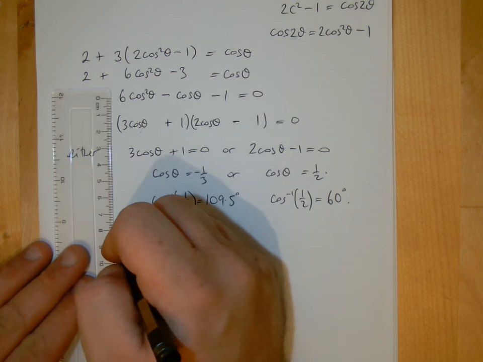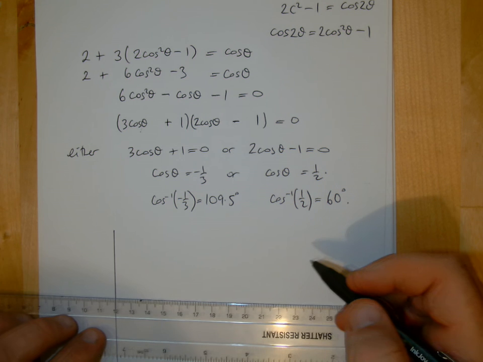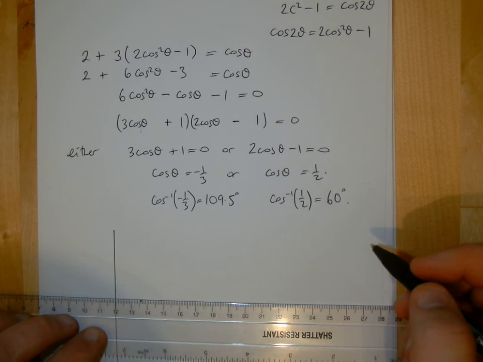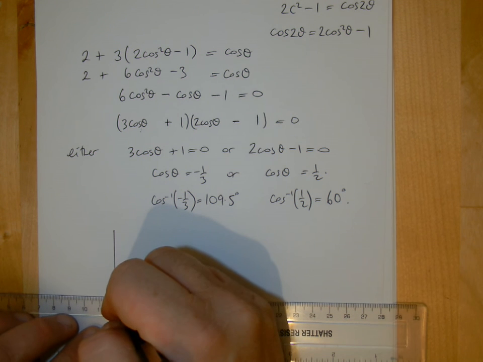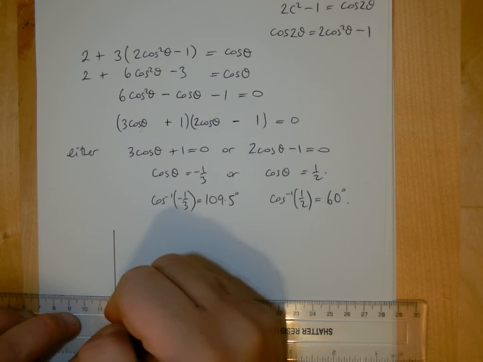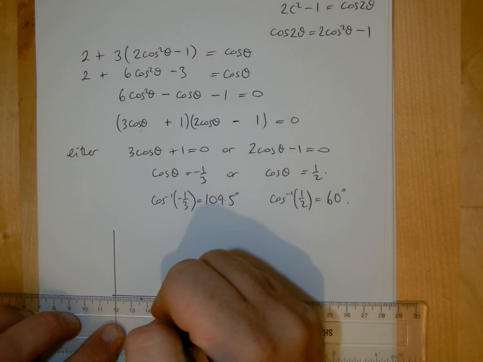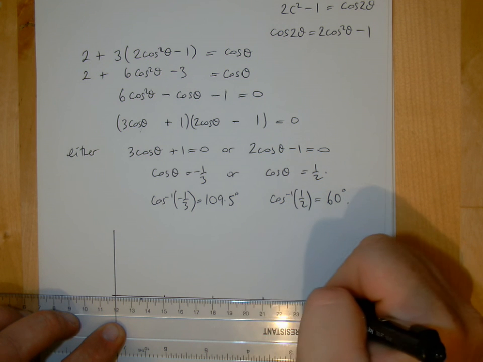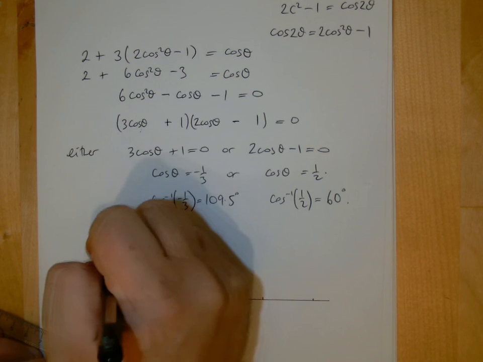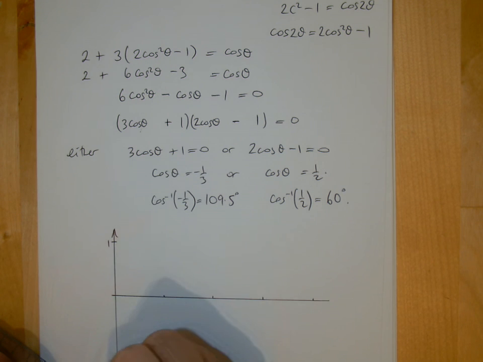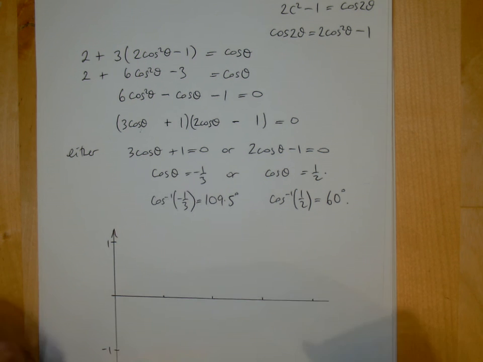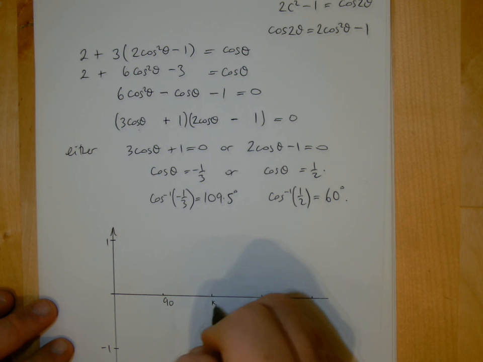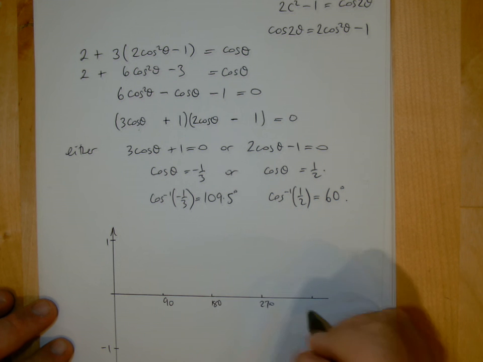So between 0 and 360. So remember, when you draw your cos graph, every 3 centimeters represent 90 degrees. So we've got 90, 180, 270, 360.